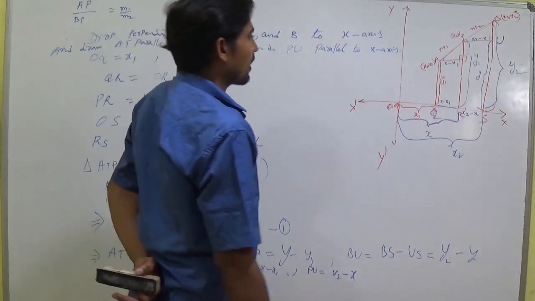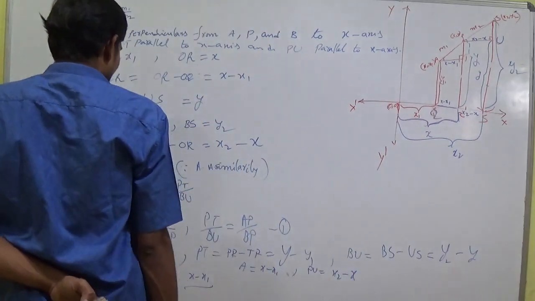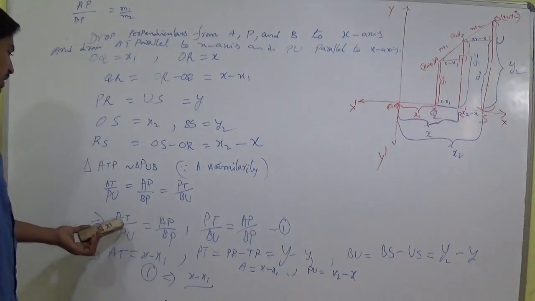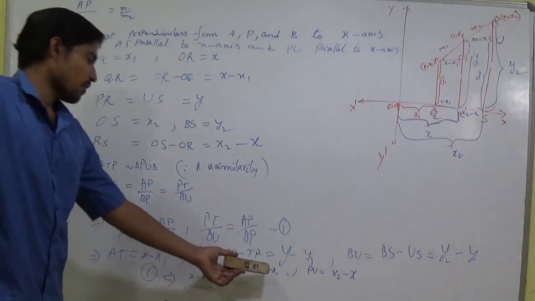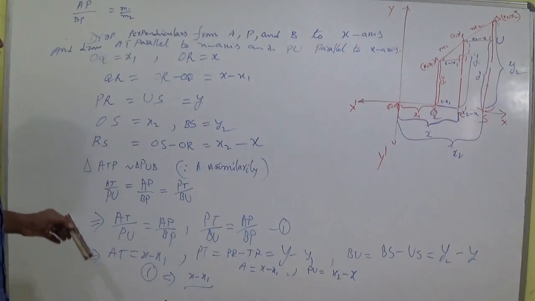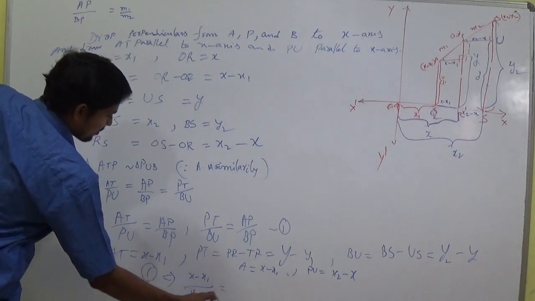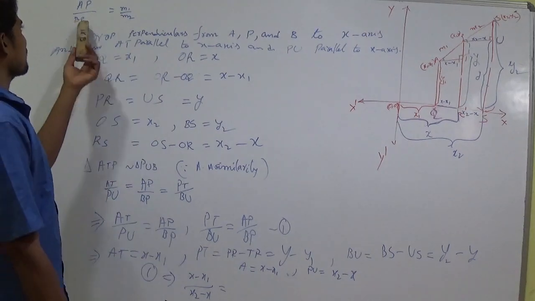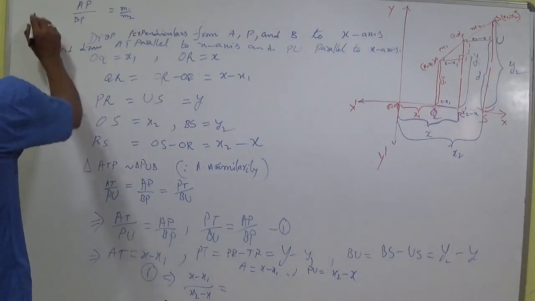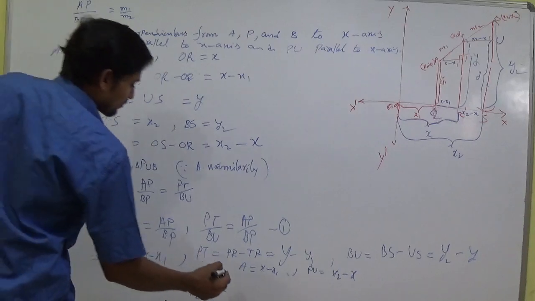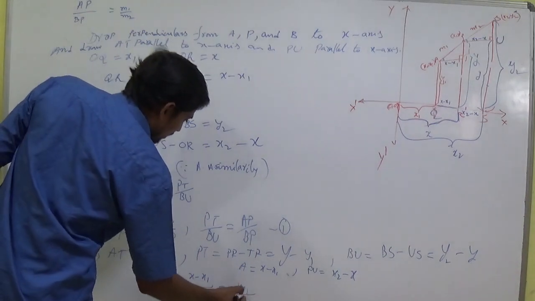So AT is x minus x1 by PU is x2 minus x, which is equal to AP by BP, which is equal to M1 by M2. Section formula derivation this is.